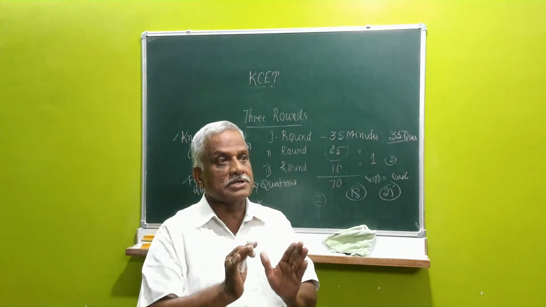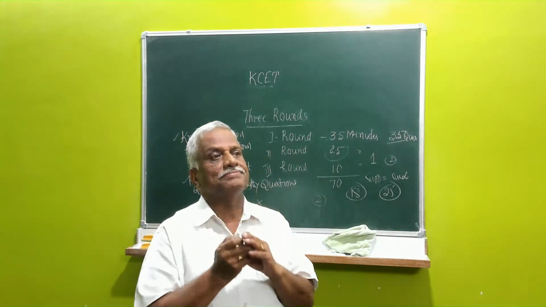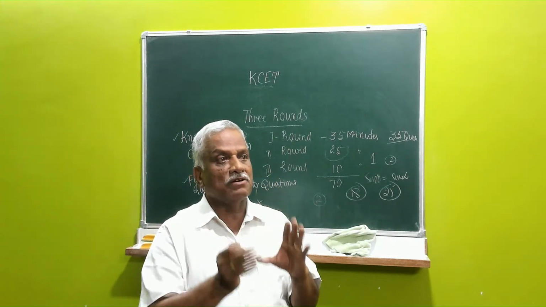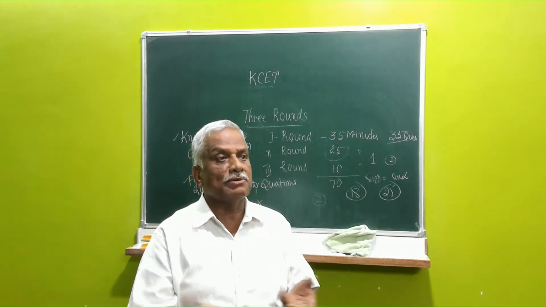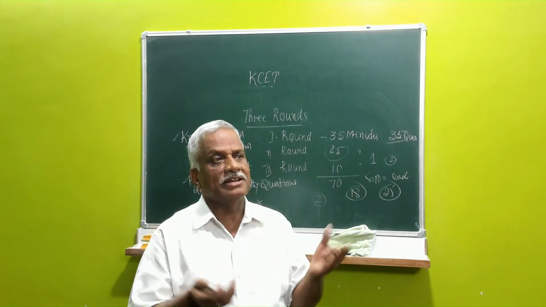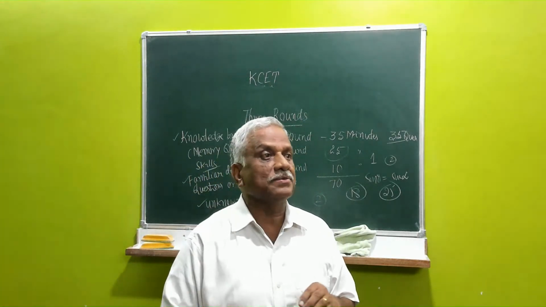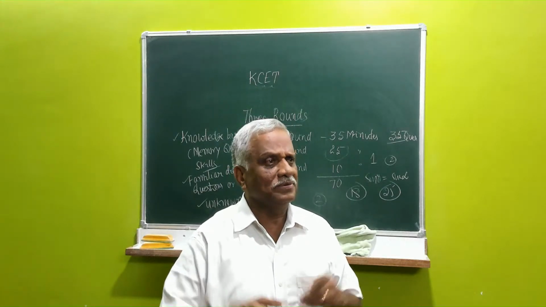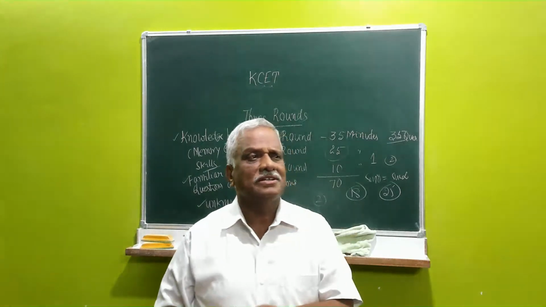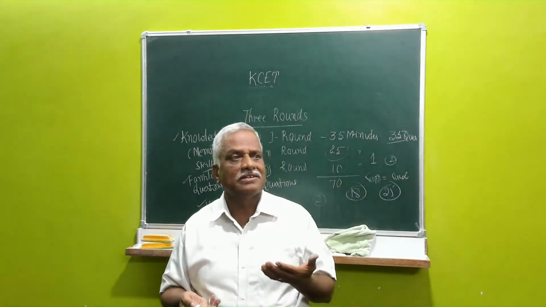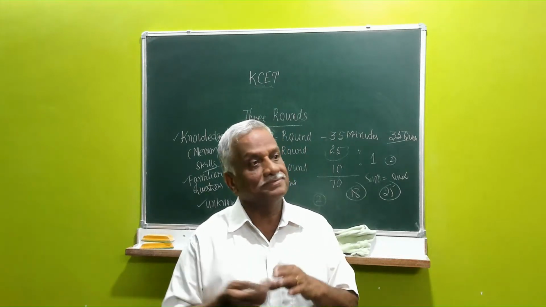You have to answer the questions in 3 rounds. You start with the first question. What are the 3 rounds? The first round: knowledge questions or memory based questions, or questions we can work out using a small skill. When I start discussing, I'll brief whether this question is memory based, this is knowledge, this requires skill, this is a lengthy question, and this question is not familiar.